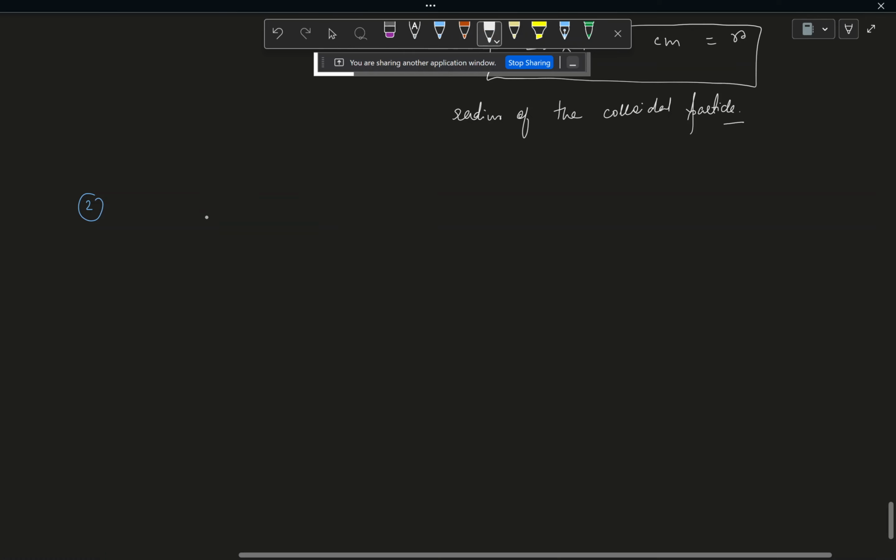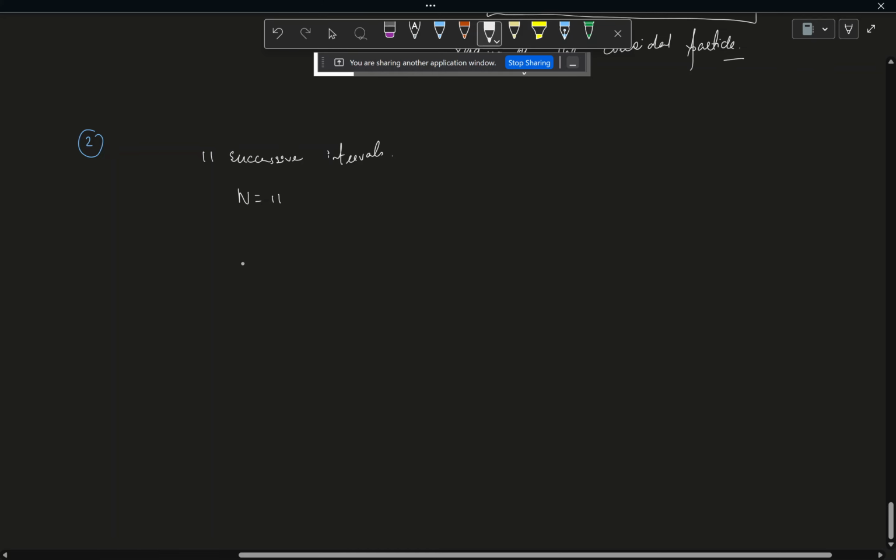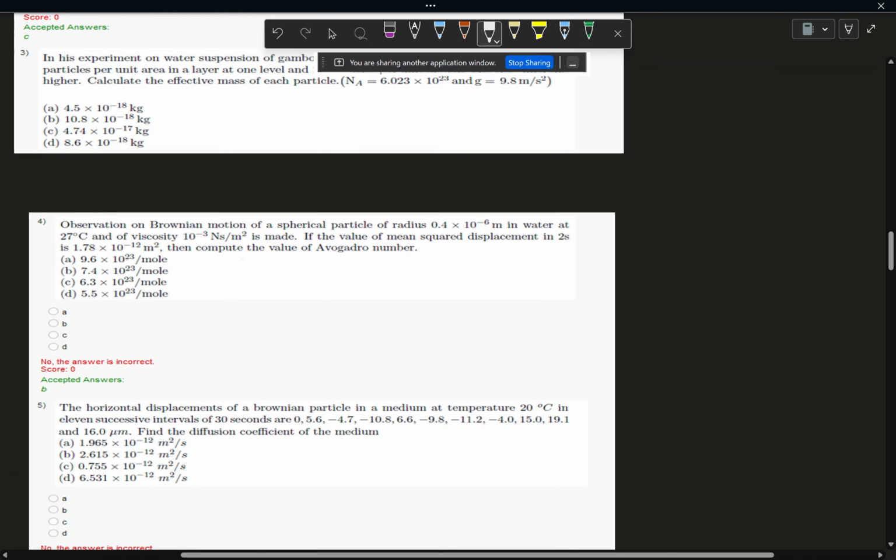They are saying that there are 11 successive intervals in which displacement data is taken. So here n equal to 11.